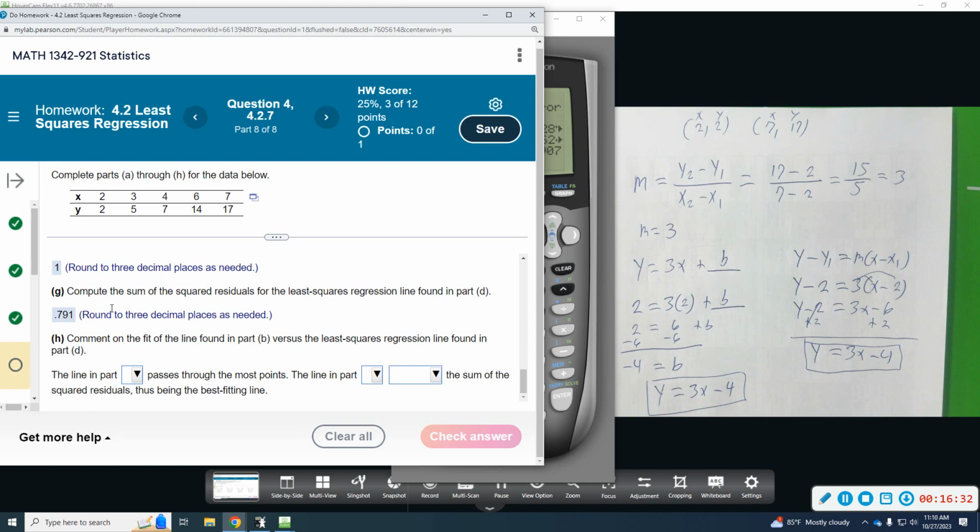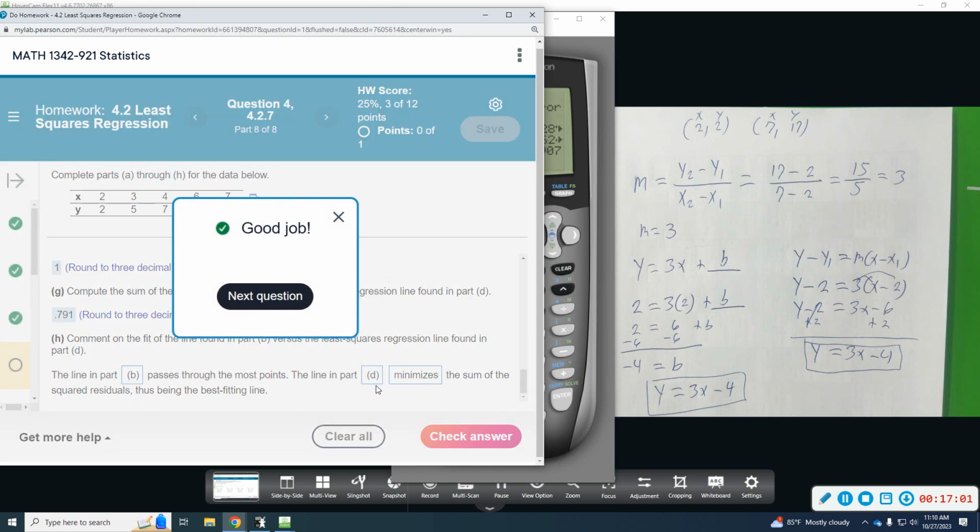We want a smaller sum of squared residuals. So the line in part D, the sum minimizes, that's been the best fit. Okay, so yes, this is what we want to do.